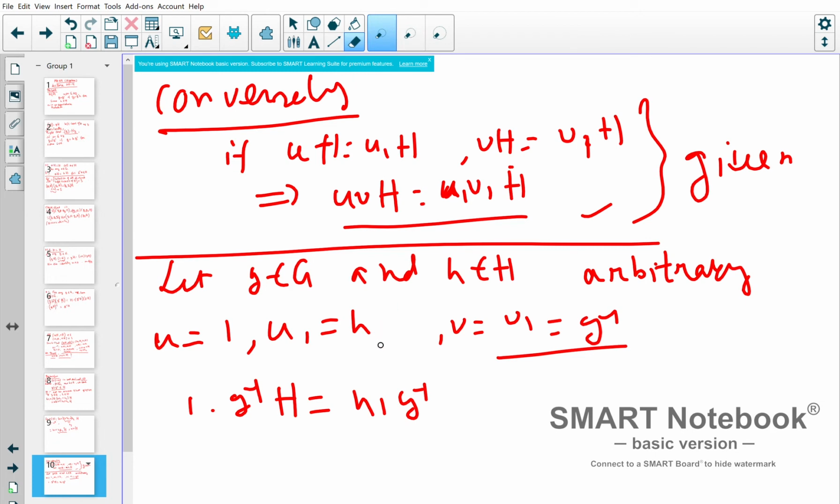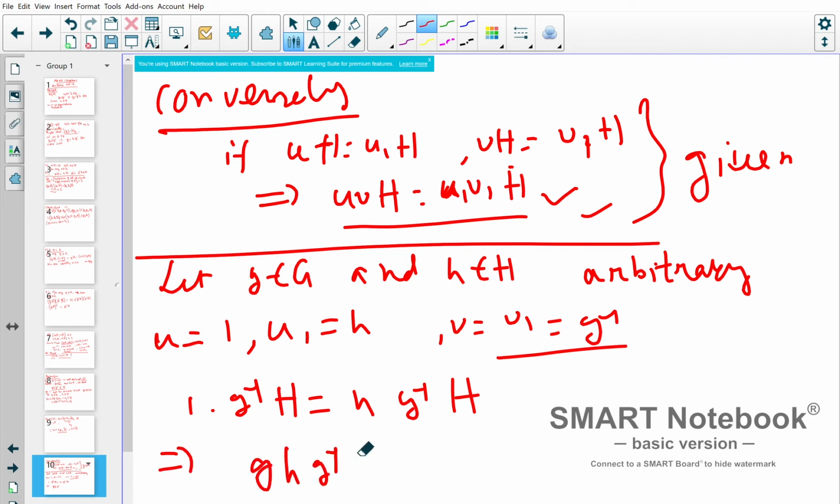So then what happens? 1 times G inverse of H equal to H G inverse of H, right? Clear? So I am using this identity. Now we multiply both sides by G, and then you will have G H G inverse of H equal to H, right? Which means that GH G inverse is an element of H.